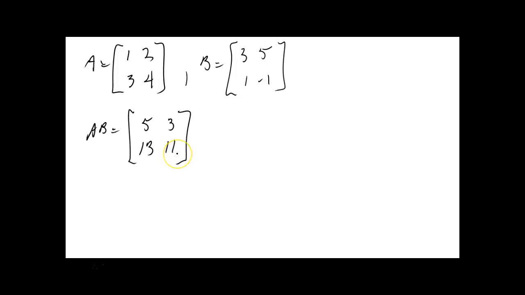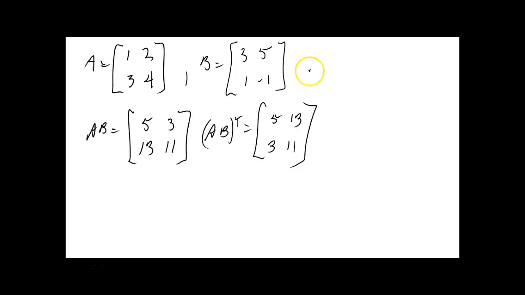Now, let's do AB transpose. That would be 5, 13, wait, 3, 11, right? I was making sure I was calling it out in an order that made sense since I usually do columns.